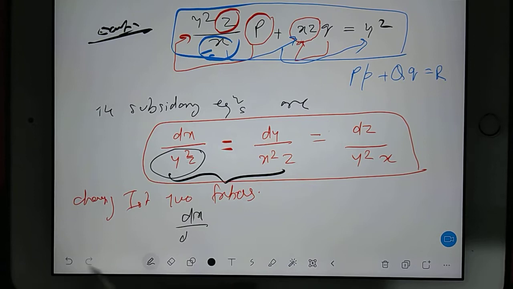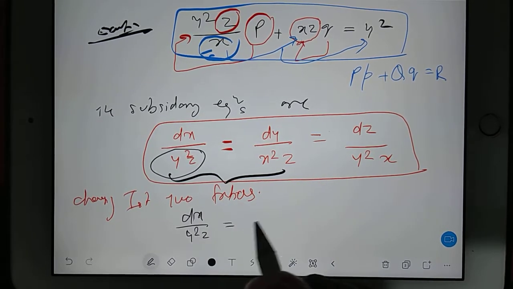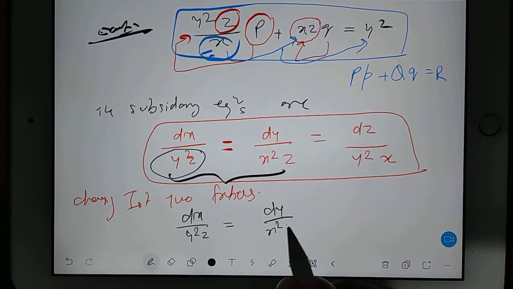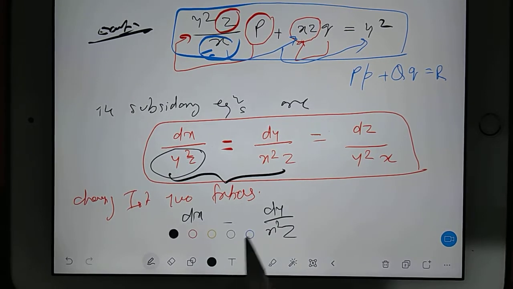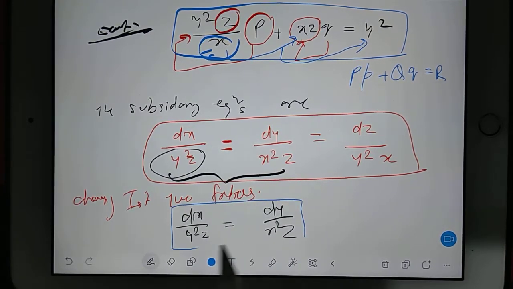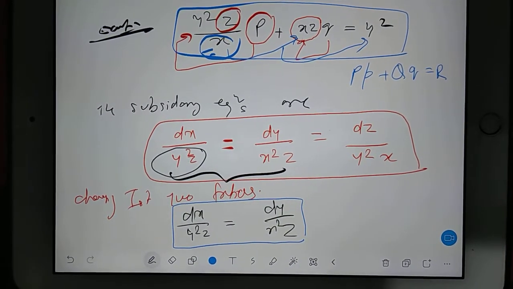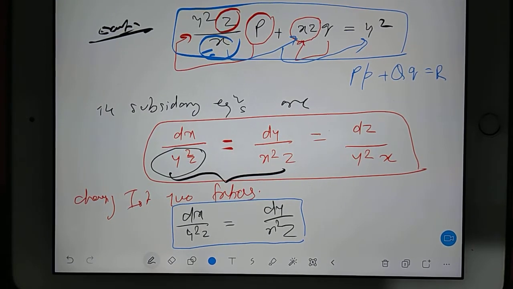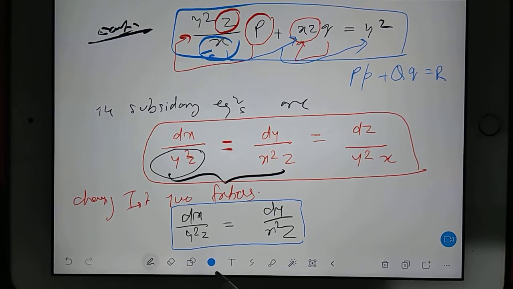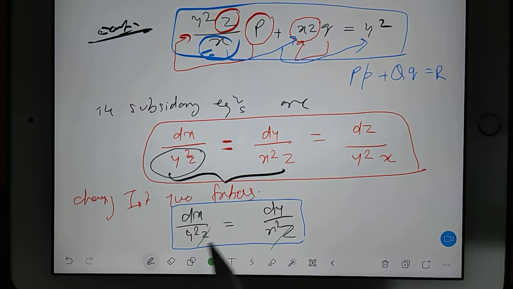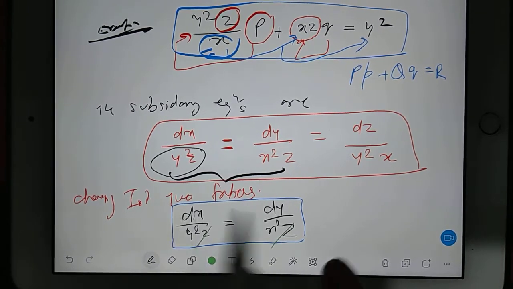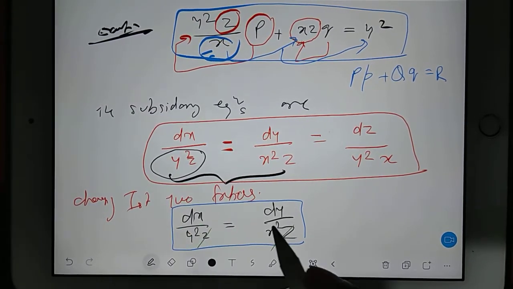Dx by y square z is equal to dy by x square z. Now you see, these two equations we can solve. Now we know how to solve them. Z you cancel, then separate the variables and you will get your answer.